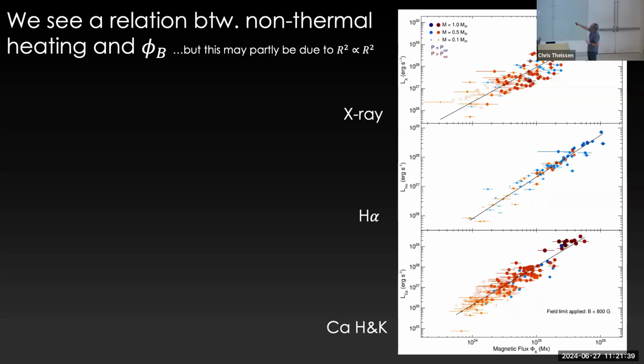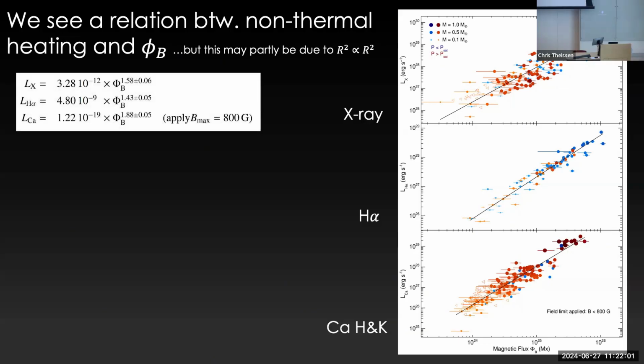But we see very clearly that in our sample, there's a really clean correspondence between magnetic flux and all the indicators that we have. And from this, you can actually attempt to predict the magnetic flux if you have any of these indicators in any useful way. It doesn't really need to be very accurate, but within reasonable ranges, you can make that prediction.